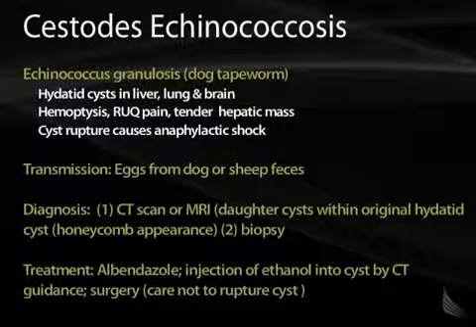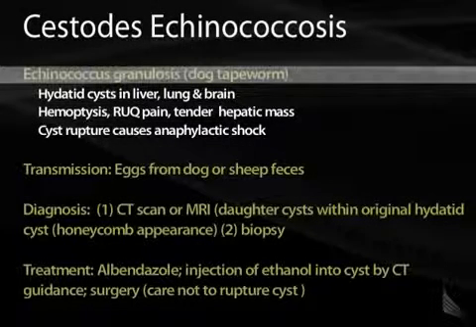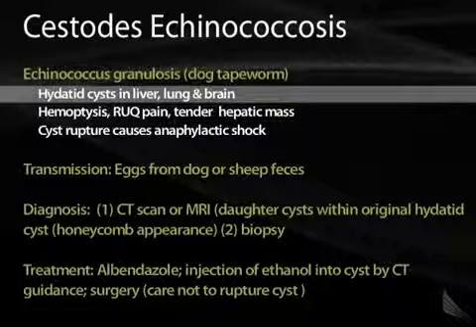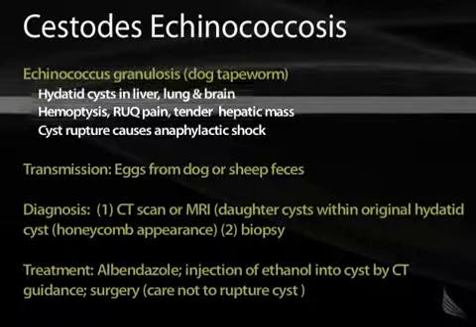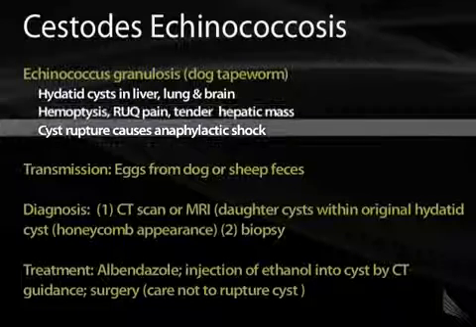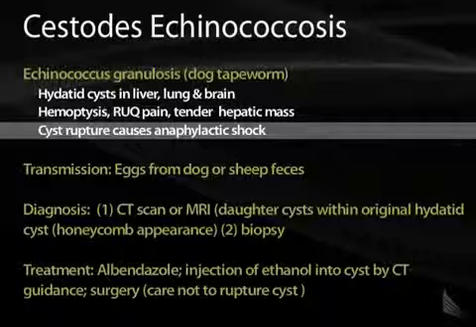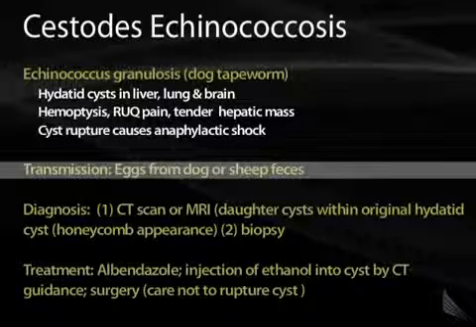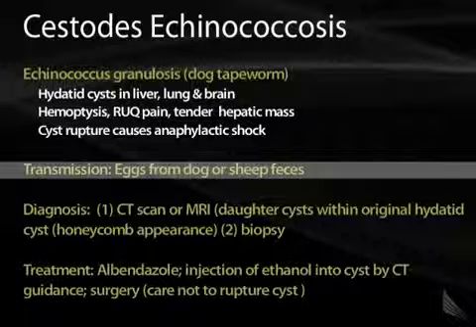Let's start with echinococcosis. Echinococcus granulosus is the dog tapeworm. It can form hydatid cysts in our livers, lungs, and brain. It's a common cause of hemoptysis, right upper quadrant pain, and a tender hepatic mass. The cyst will rupture, which really causes a problem, and then you get anaphylactic shock. It's transmitted to us where we get eggs from the dog or sheep feces.